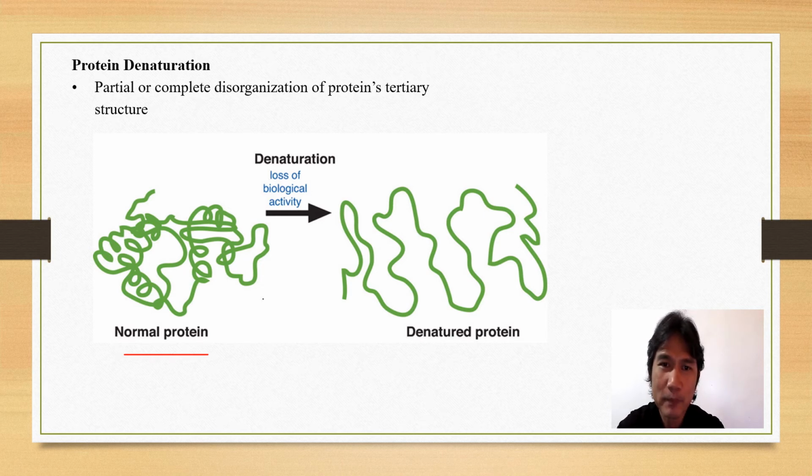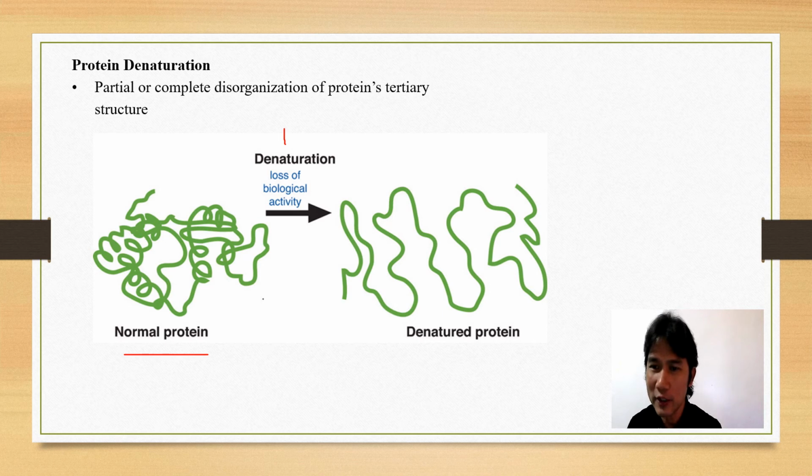When this protein is subjected to denaturation, the protein loses its tertiary structure. Remember, tertiary structure is governed by four forces. In denaturation, it's only the four attractive forces that maintain the tertiary structure that are lost. But the amino acids remain intact, remain connected.